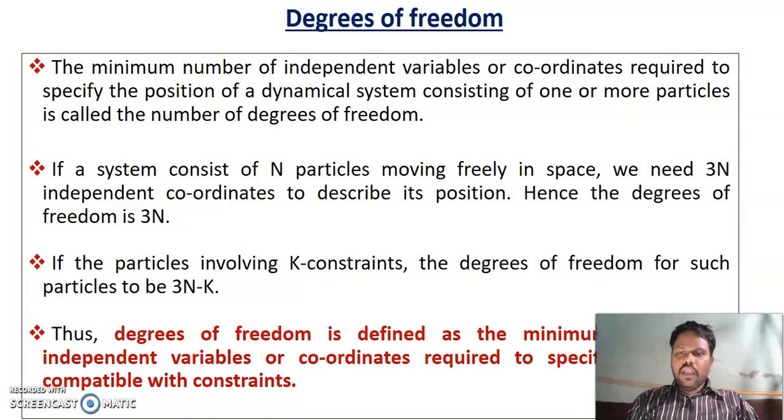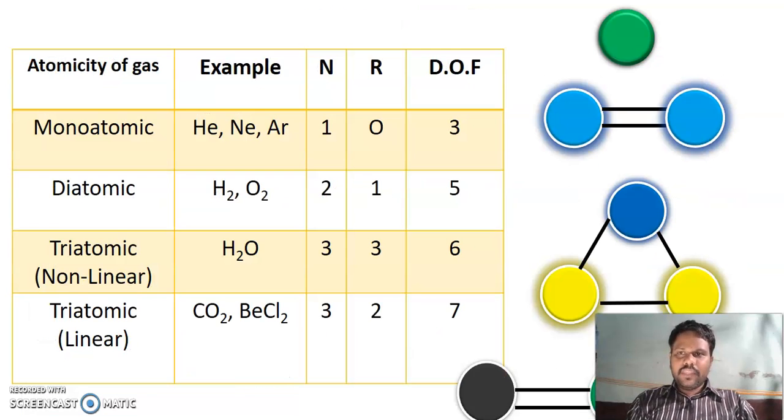However, if the particles or motion are restricted within a constraint, the number of degrees of freedom reduces by the number of constraints. To understand, let us consider a monoatomic gas, which is like a free particle in space, so it needs totally 3 degrees of freedom.